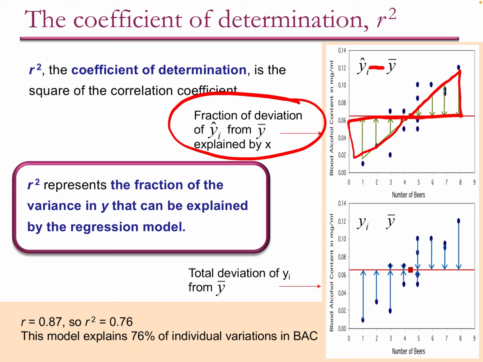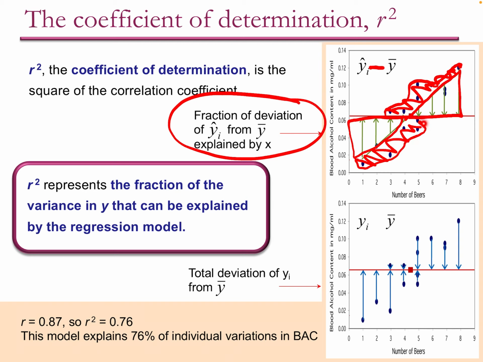This deviation that you see right here, and also right here, that is not encompassed by our regression line. So that's variation in our Y data that cannot be explained by our X data. That's variation in blood alcohol content that cannot be explained by the number of beers consumed, right?